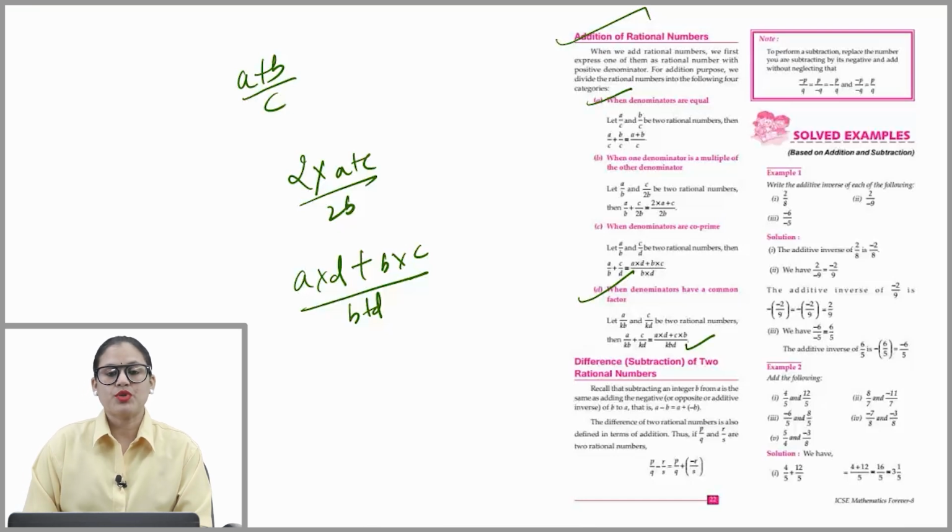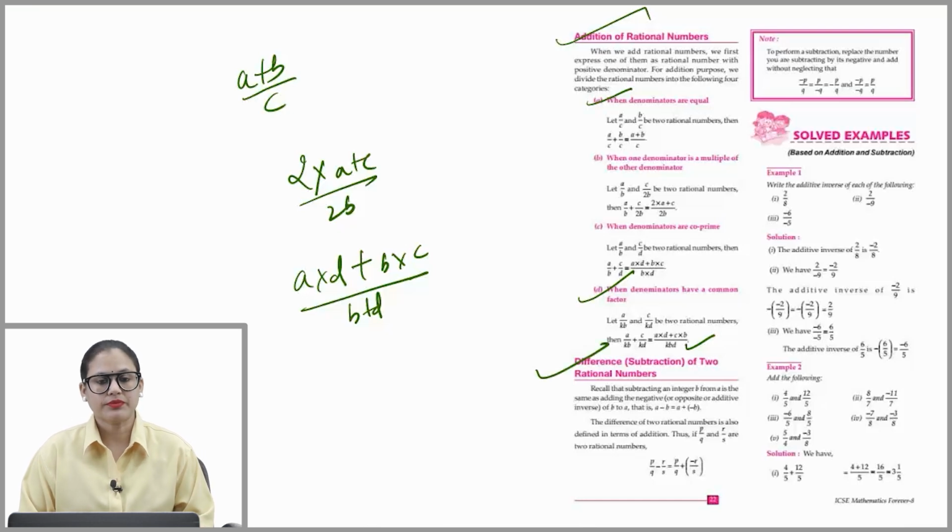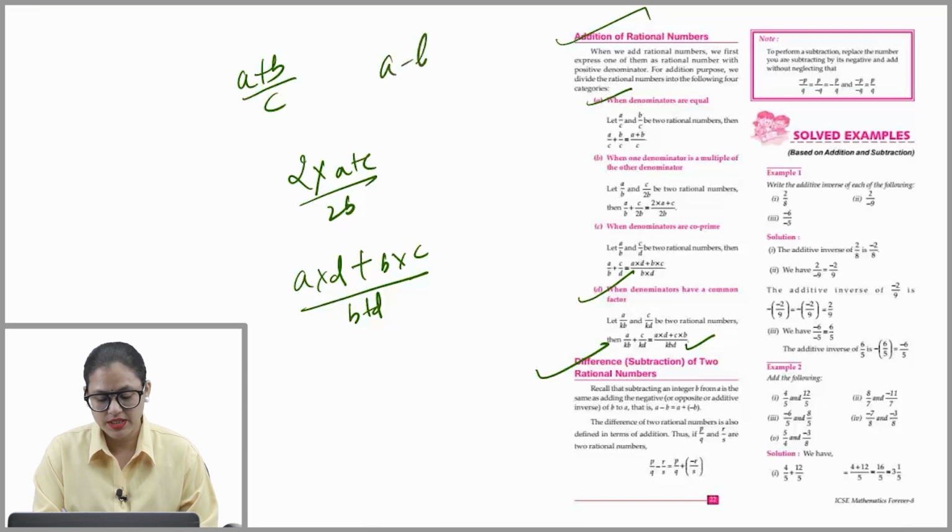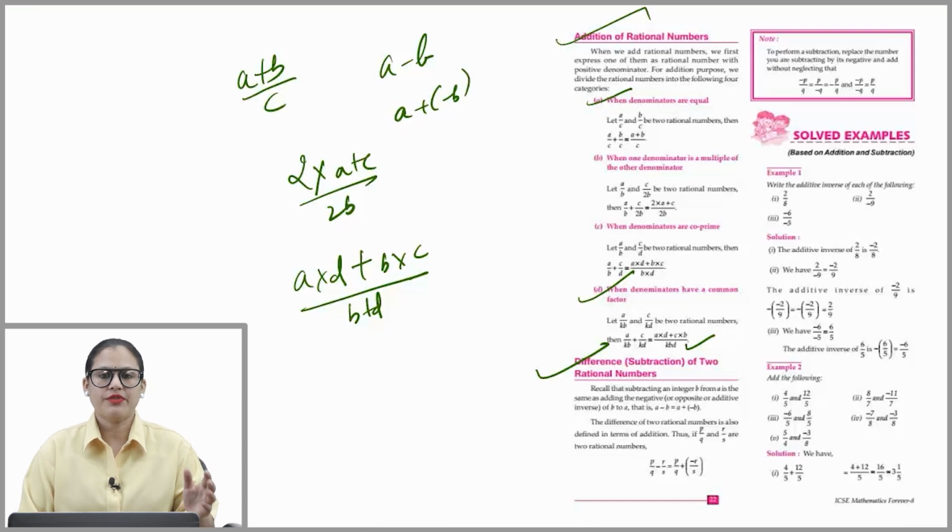Okay. And difference of 2 rational numbers, that is subtraction of 2 rational numbers. Recall that subtracting an integer B from A is the same as adding the negative or opposite or additive inverse of B to A. That is, A minus B is equal to A plus (minus B). Okay. The difference of 2 rational numbers is also defined in terms of addition.